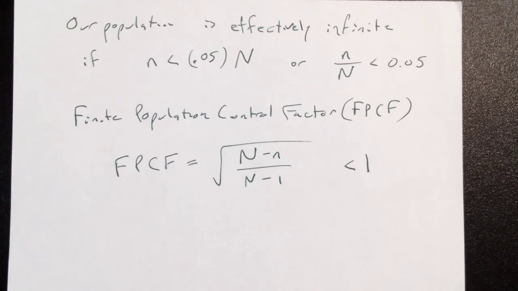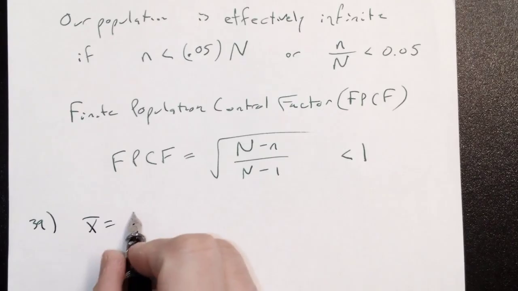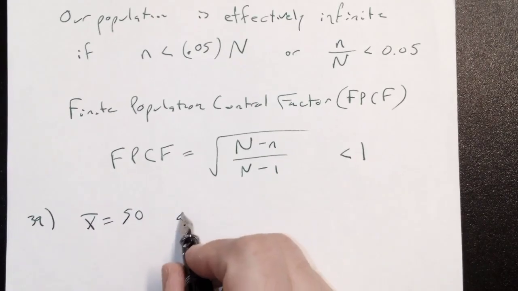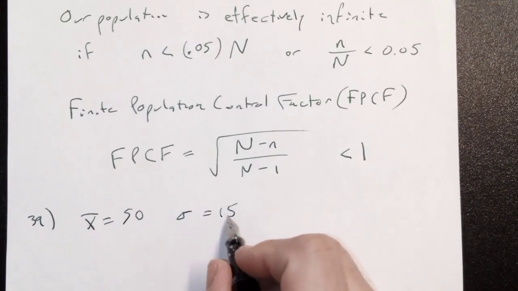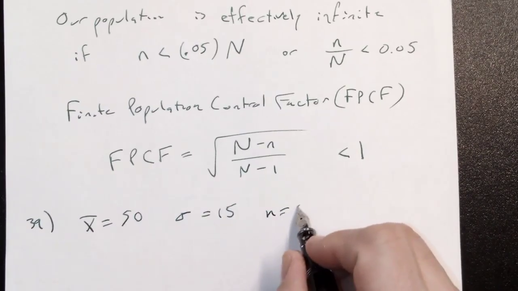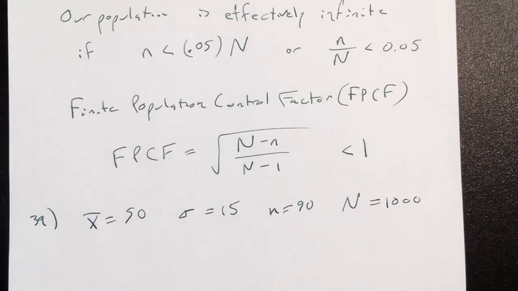So let's consider, we have a sample mean of 50. This is problem number 39. A sample mean of 50. A standard deviation from the population of 15. A sample of 90 out of a population of 1,000.